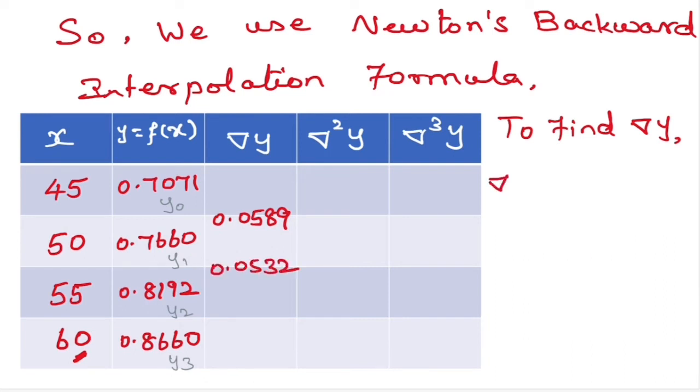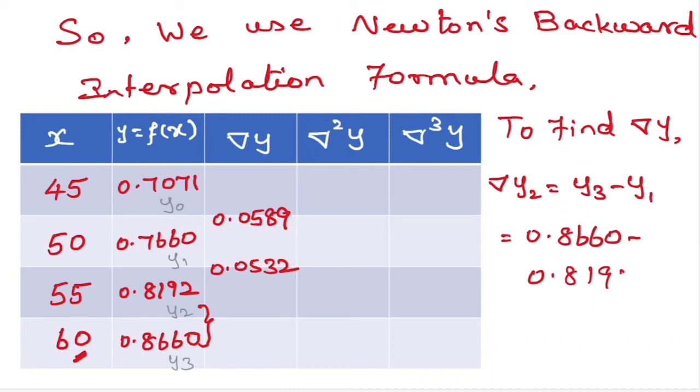So next is del y2, which is equal to y3 minus y2. That is 0.8660 minus 0.8192, and the difference of these two is 0.0468.